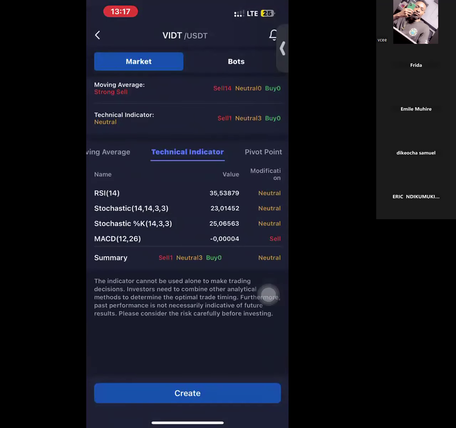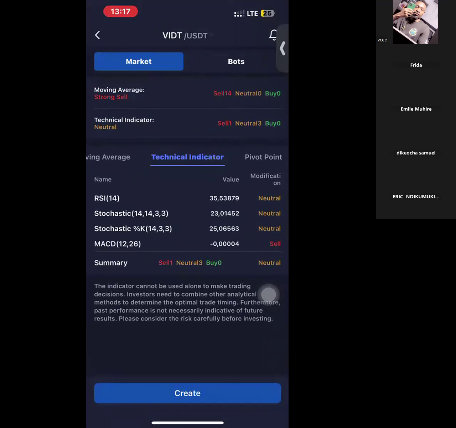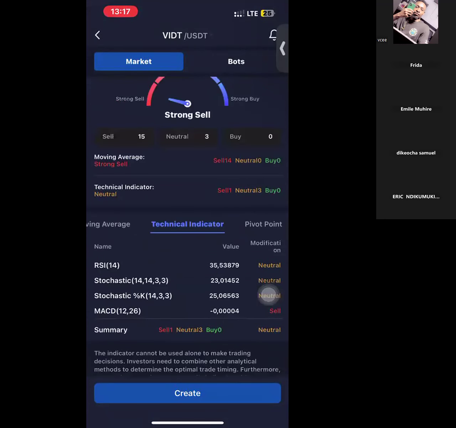And mind you, some people always mistake this for the other MACD in the trade setting. This indicator has nothing to do with the triggering condition. When you're setting your trade, you put it on trigger price and you trade directly.